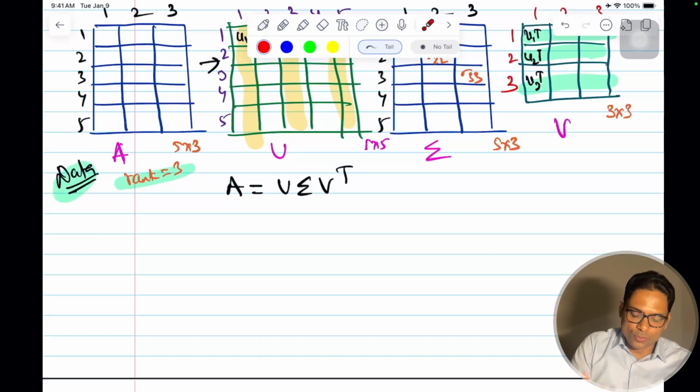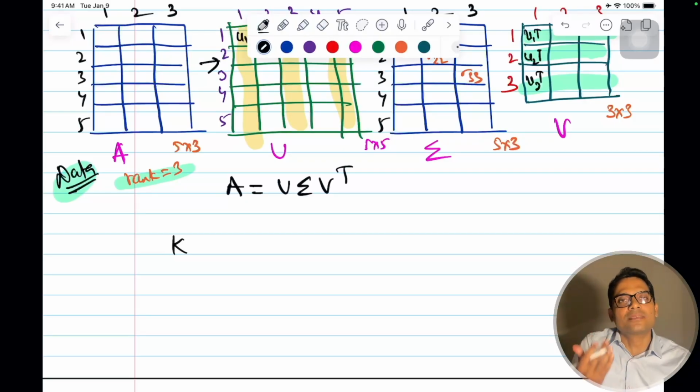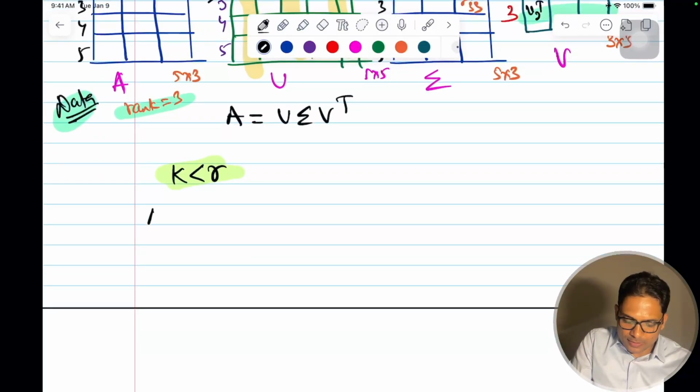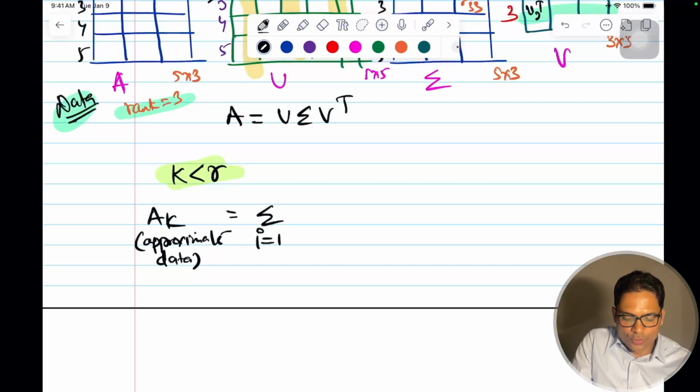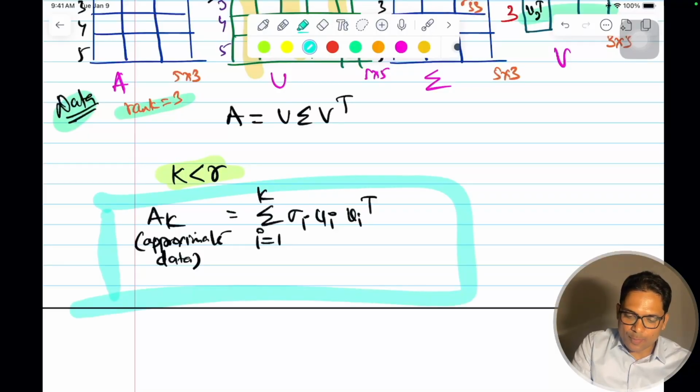If I have to do an approximation, instead of sending all R, which is very large, I can send only the top K, which is less than R. The approximate data can be written as the summation over i equal to 1 to K of alpha_i u_i v_i transpose, and it will be a good approximation of the data.